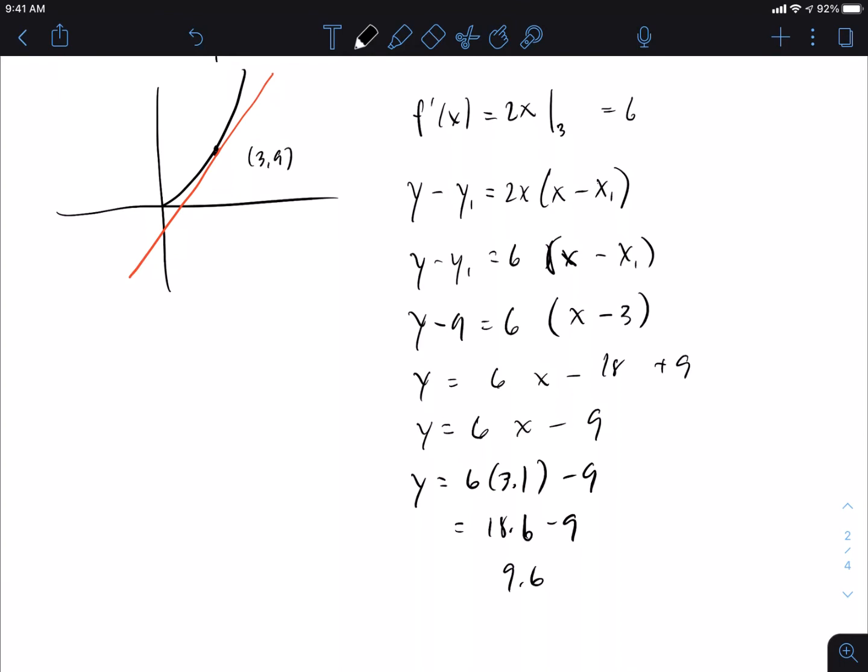Correct. Okay, what is 3.1 squared? Isn't that 9.61? Yeah. So we can see that my approximation that I'm using is an under approximation of the actual value, and that makes sense because the red line is below the actual function, correct?